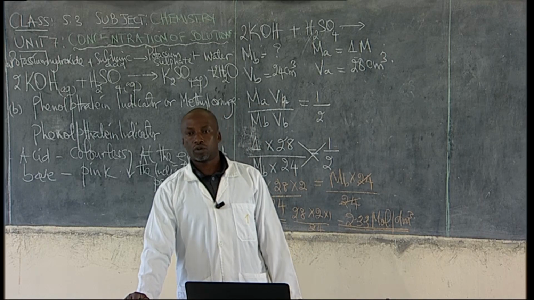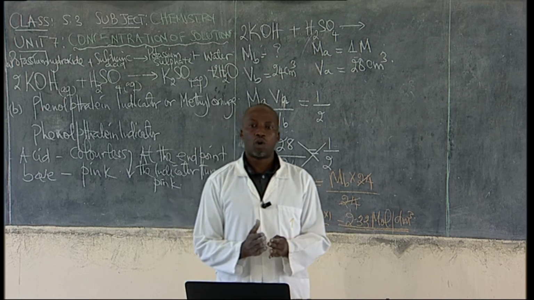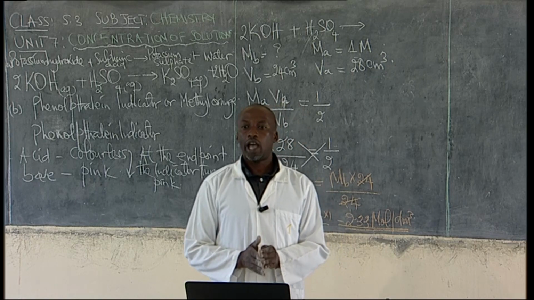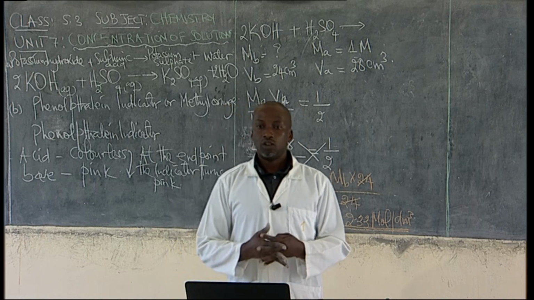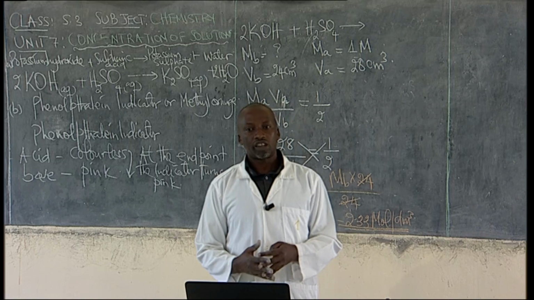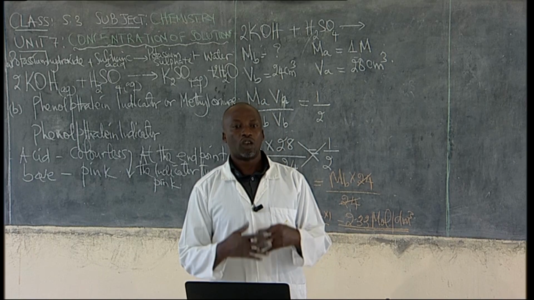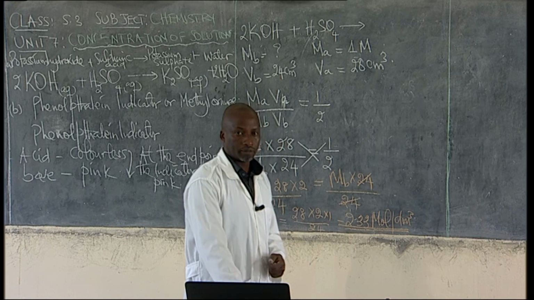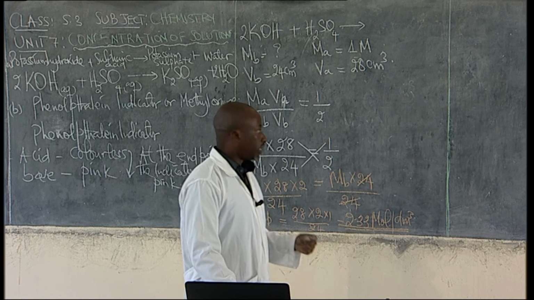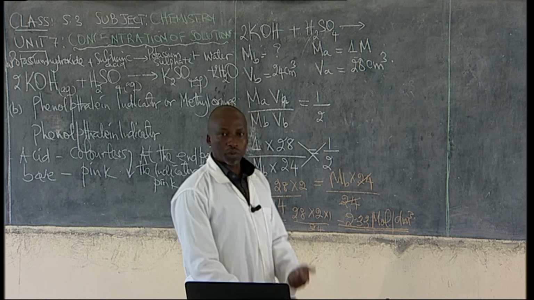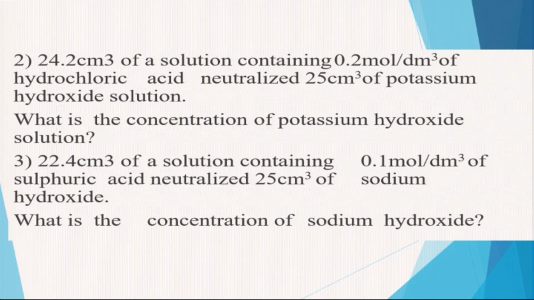24 cubic centimeters of solution containing 0.2 moles per decimeter cubed of hydrochloric acid neutralized 25 cubic centimeters of potassium hydroxide. So you have hydrochloric acid.